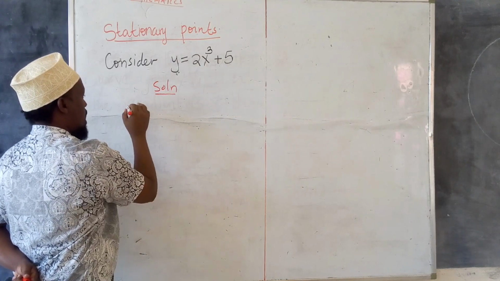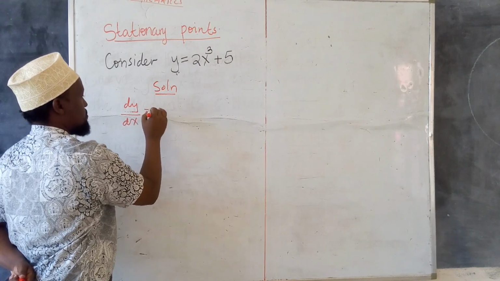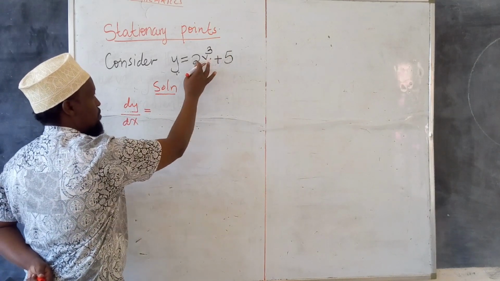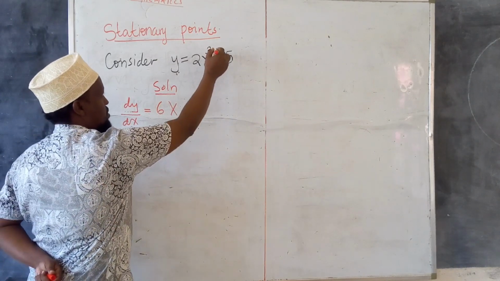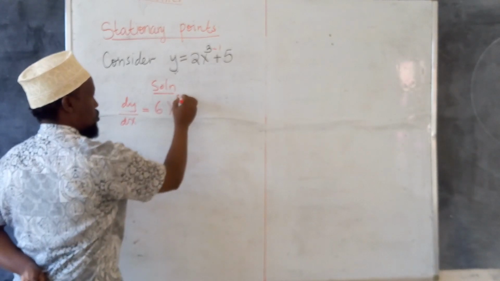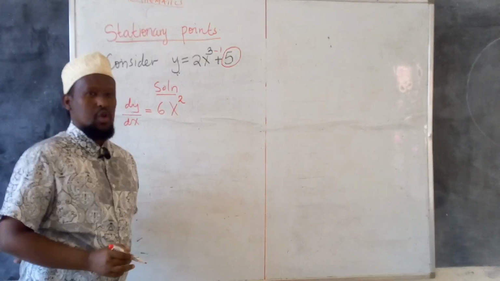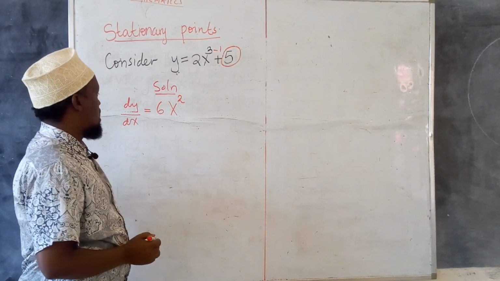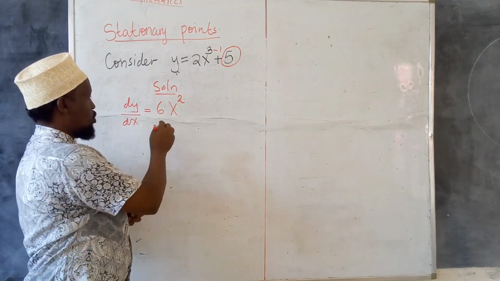We have dy over dx: 3 times 2, we have 6x. Then you subtract 1 from the power, so 3 minus 1 becomes 2. So we have 6x squared. And the derivative of a constant is 0.